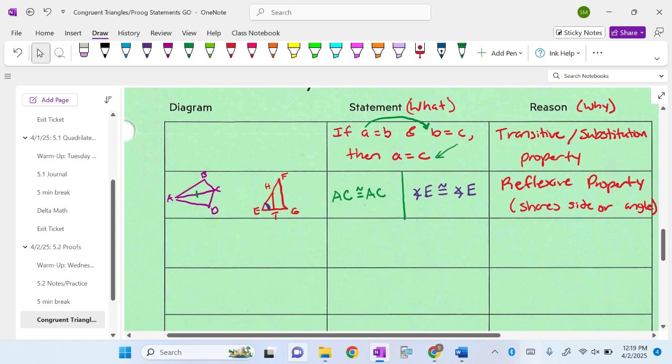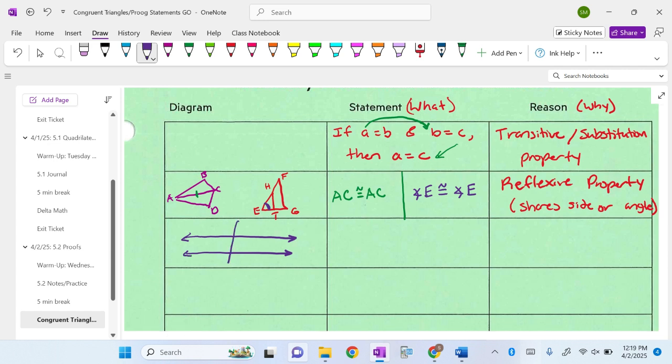All right, the next one goes back to parallel lines. We talked about this a little bit the other day. So if you have two parallel lines cut by a transversal, let's call this angle 1, this angle 2. And I would say that angle 1 is congruent to angle 2. Does anyone remember what this is called?